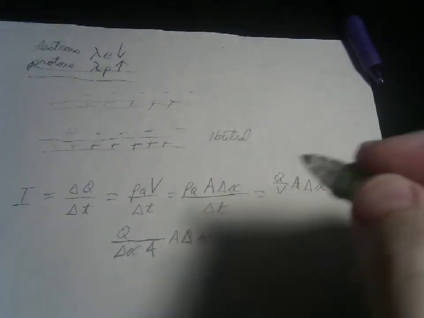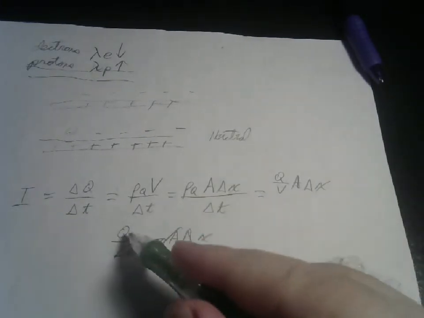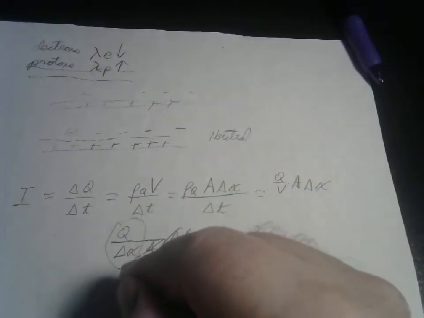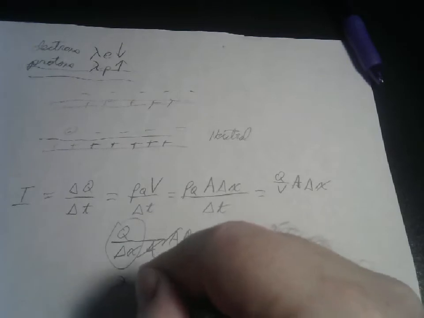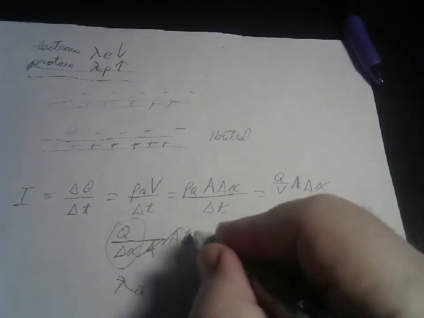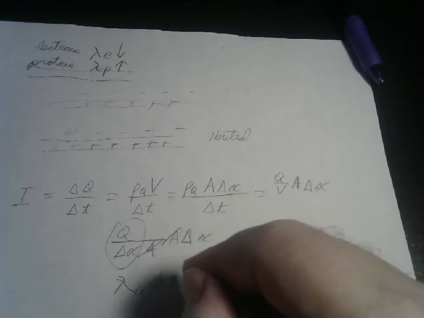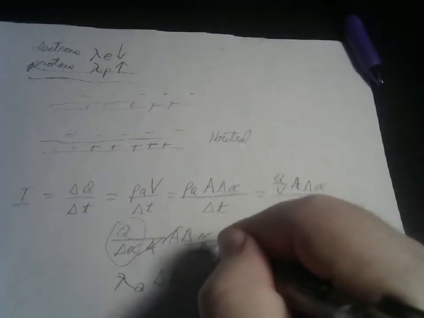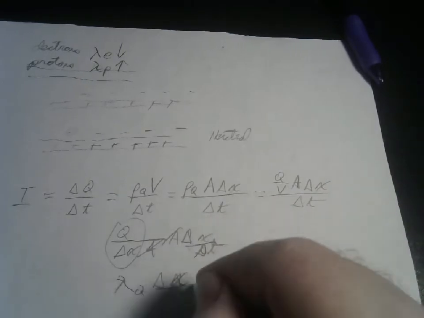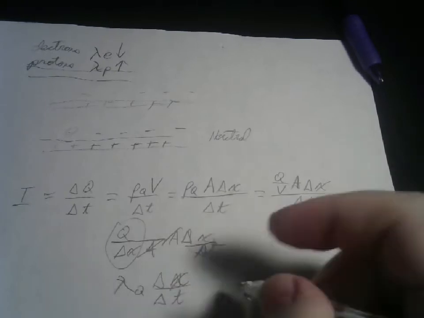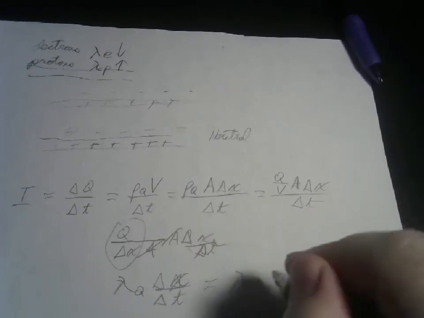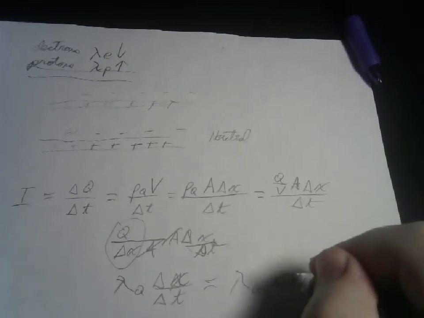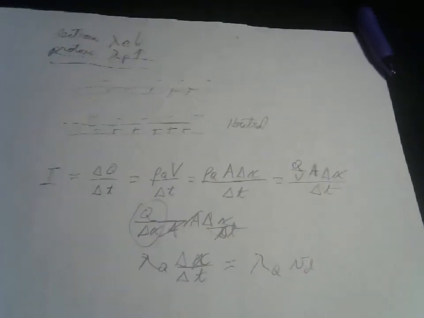Okay, so A cancels out, and we're going to change the name of Q over delta x to the linear charge density, which I'm going to call lambda sub Q. And then we'll have lambda sub Q times delta x. And I forgot to put the delta t under each of these, so delta x over delta t. So finally, this is the linear charge density times this delta x over delta t, which is going to be called the drift velocity of the particles.